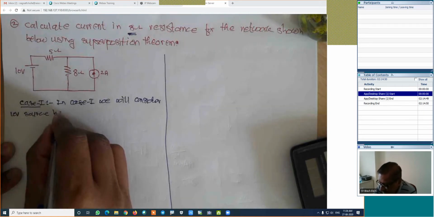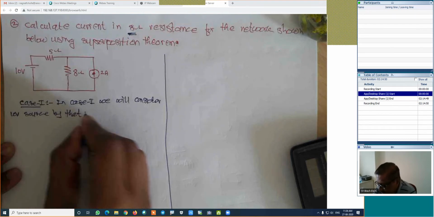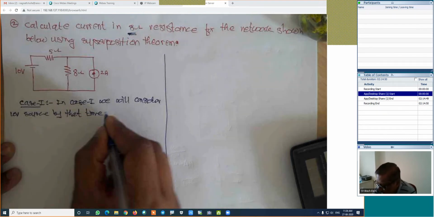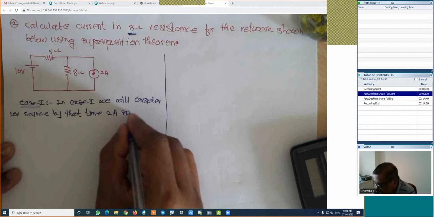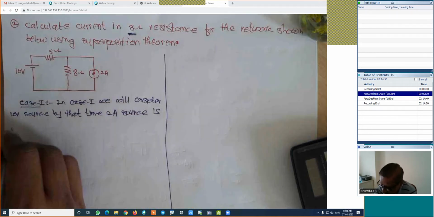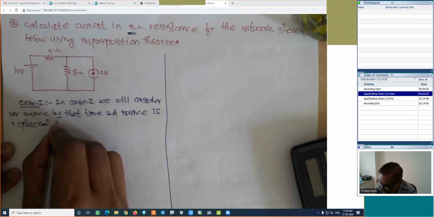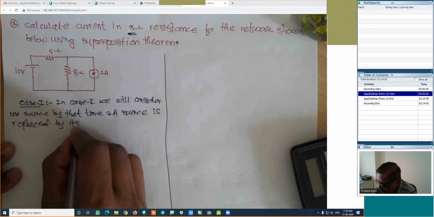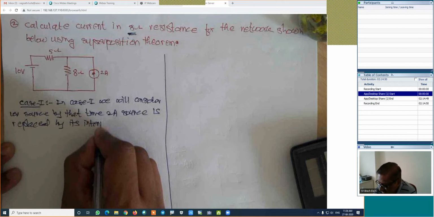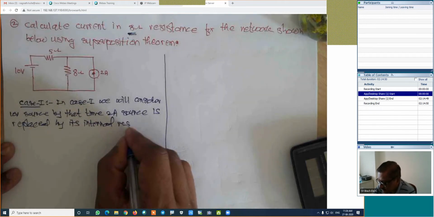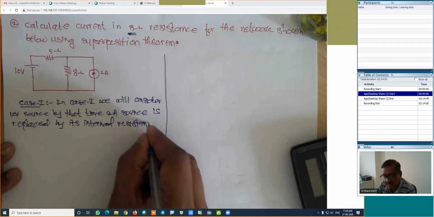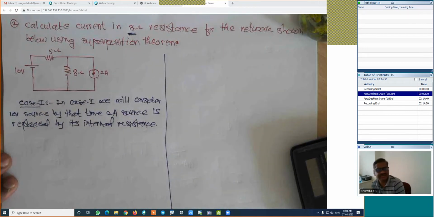By that time, the 2 ampere source is replaced by its internal resistance. First, draw the figure for case 1.